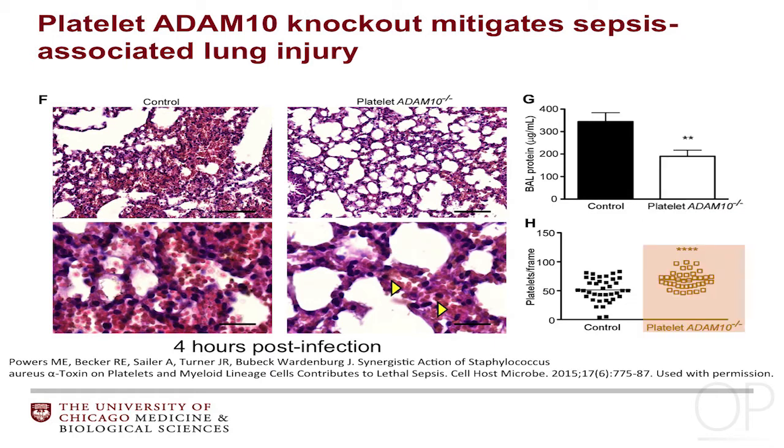And in the lower right-hand panel, this also corresponds with an increased number of platelets that can be recovered successfully from the lungs of these animals, specifically in the knockout animal, suggesting that these platelets are effectively forming a tether on injured endothelium in the context of sepsis.